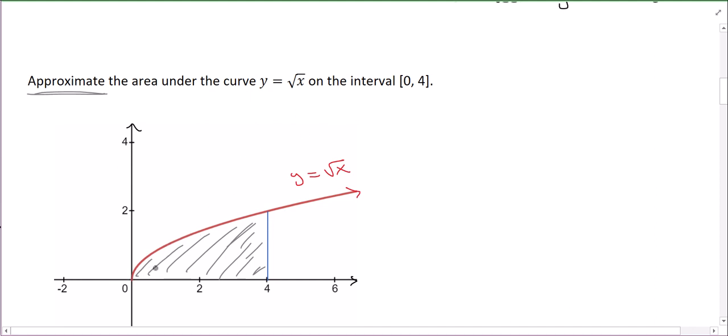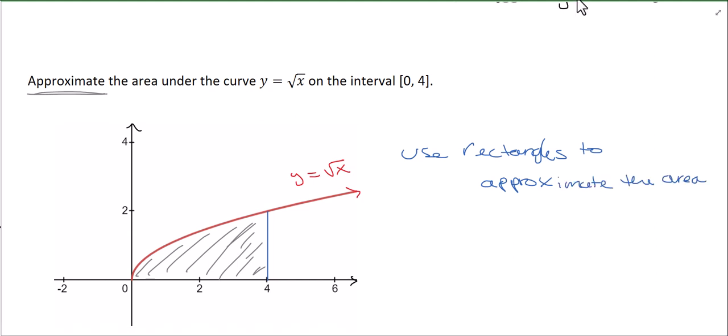I could try to approximate it with a triangle and then see what it does, but we're going to approximate with rectangles instead. So we're going to use rectangles to approximate the area. Why rectangles?